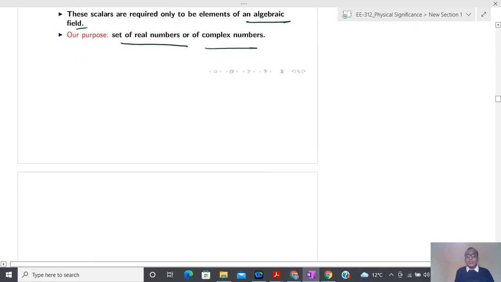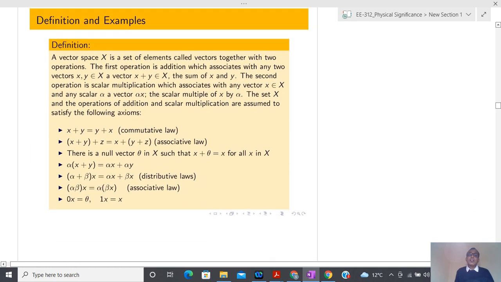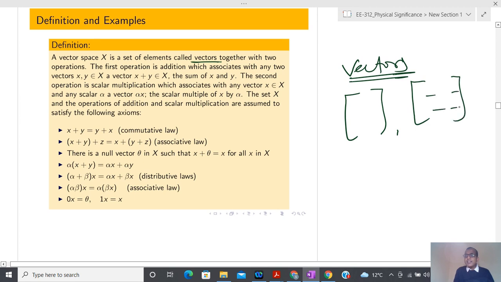So now you can come to the definition of a vector space. What is the definition of a vector space? A vector space X is a set of elements called vectors. Now you are able to understand the meaning of vectors: vectors may be column vectors, matrices, or some kind of function.